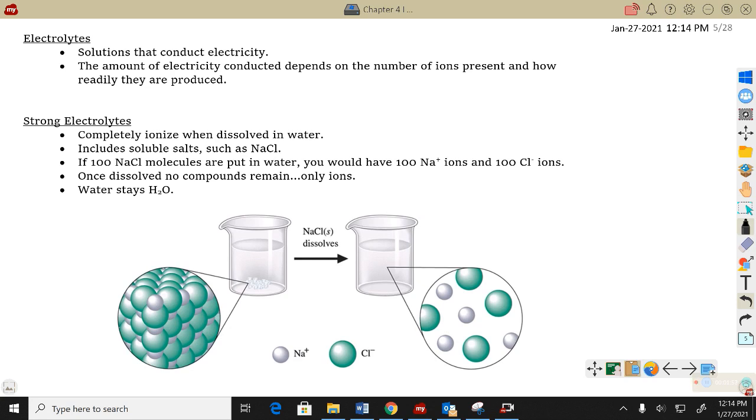When that sodium chloride solid sample completely dissolves, there will be no more sodium chloride molecules, no more sodium and chlorine bonded to each other. Everybody dissociates, 100% dissociation. I might even put that in there, 100% dissociation.